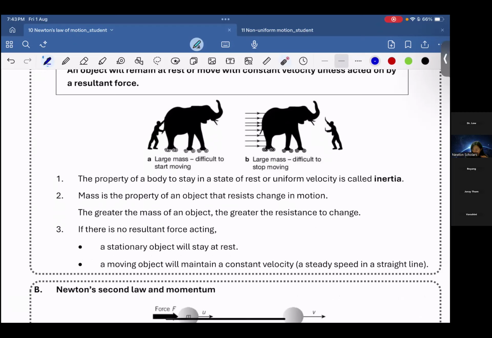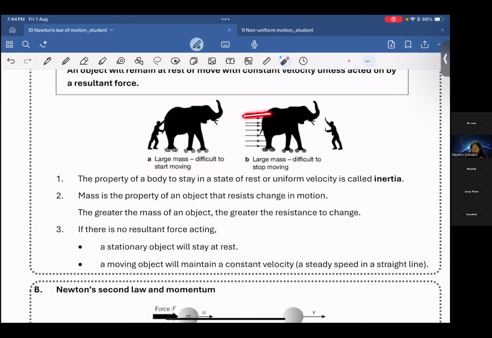So we look at this diagram. This one, the elephant, has a larger mass. You are the person trying to push it to move. At the start it is standing, so you want to push it to move. Do you think that is easy? No, it's very difficult to change the motion. It's already at rest, trying to stay at rest.